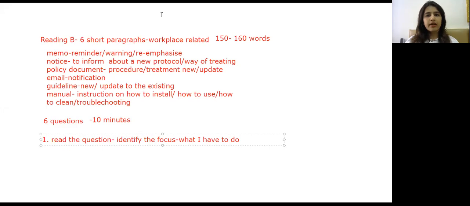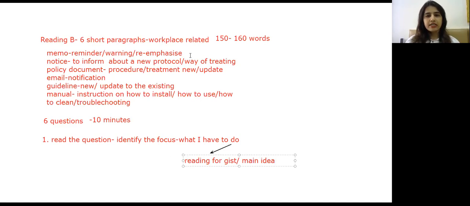Okay, so there can be 3 possible answers to what you have to do in any of the reading part B questions. One possibility is that you could be reading for gist, or what is popularly known as main idea.